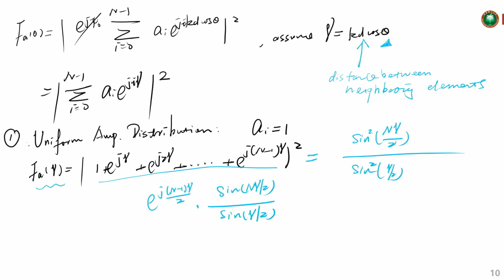So for an example, we plot, if we assume usually we set d equals half of a lambda here, and the radiation pattern looks like this one.